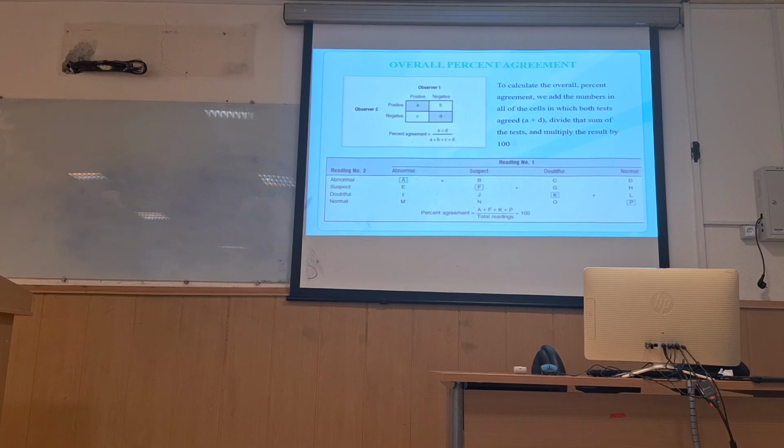At the same time, you give these X-rays to another radiologist, and he or she classifies these results into the same 4 categories, from abnormal to normal. And right now, you want to calculate percent agreement.